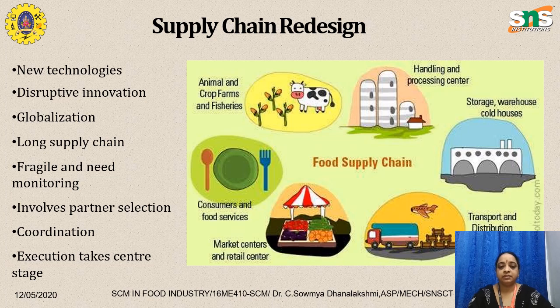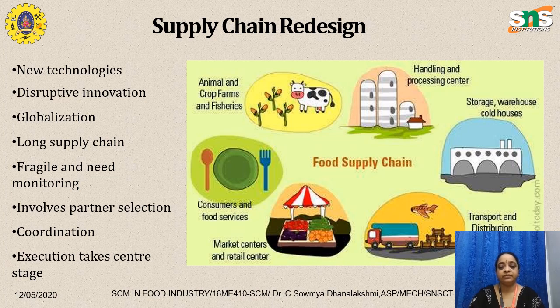This slide shows us the supply chain redesign. Normally we have a supply chain network starting from raw materials till the customer. This supply chain has been redesigned to suit the food industries.